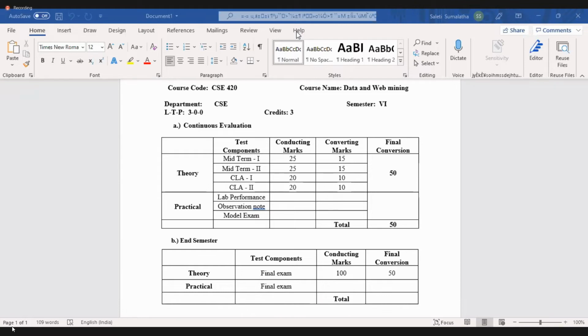Based on those two, mid one will be evaluated, and the course project is completely for CLA 1 and CLA 2. So you have to take the course project seriously. In this course project also, 2 types of projects will be there. One is you can take any existing data set which is available online.